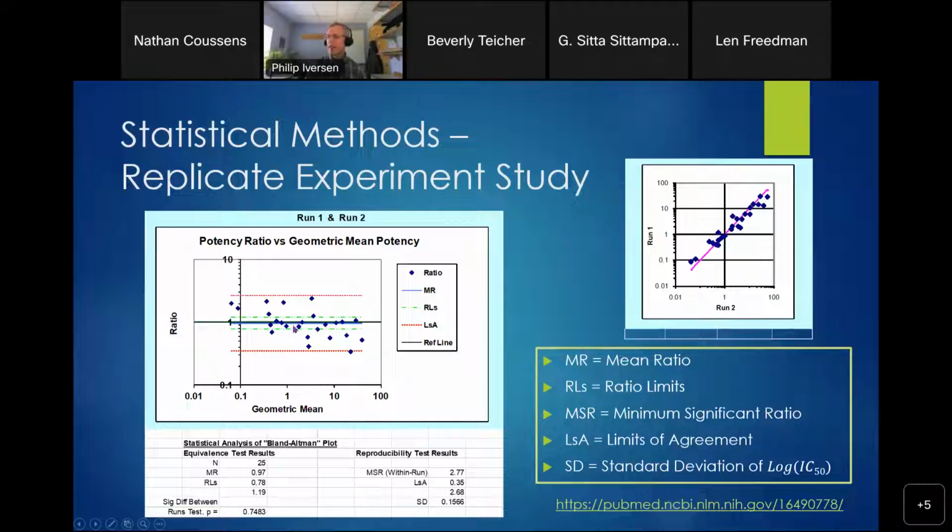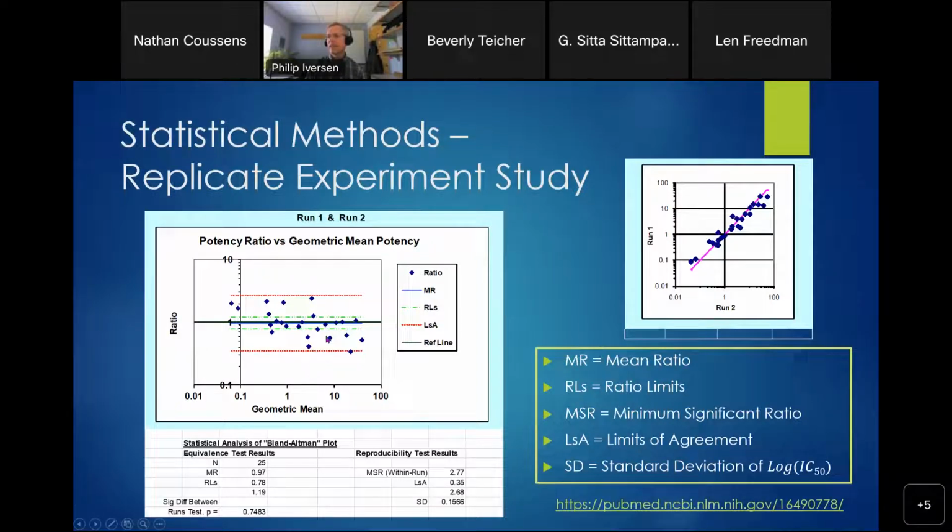The next thing on this graph I'll point out are the green lines. Those are the so-called ratio limits. That's simply a 95% confidence interval for the mean ratio. And that's fairly narrow because means have lower variability than the individual values that go into them. And then the red lines are showing the limits of agreement, and those are calculated as the mean plus or minus 2 standard deviations of the individual data.